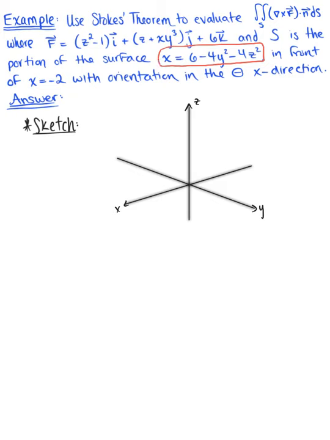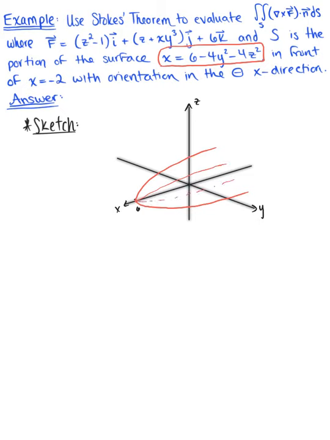So we have a paraboloid with a vertex at 6, right about there. And so here is our paraboloid, opening towards the negative x-axis.